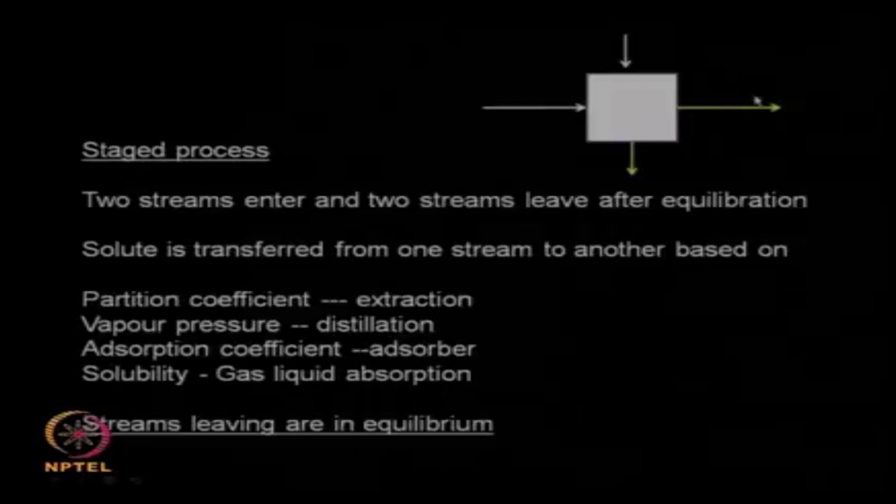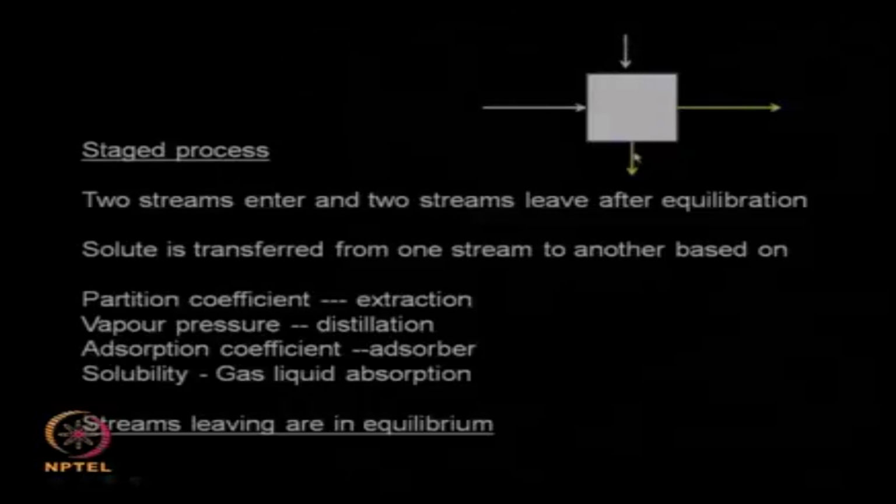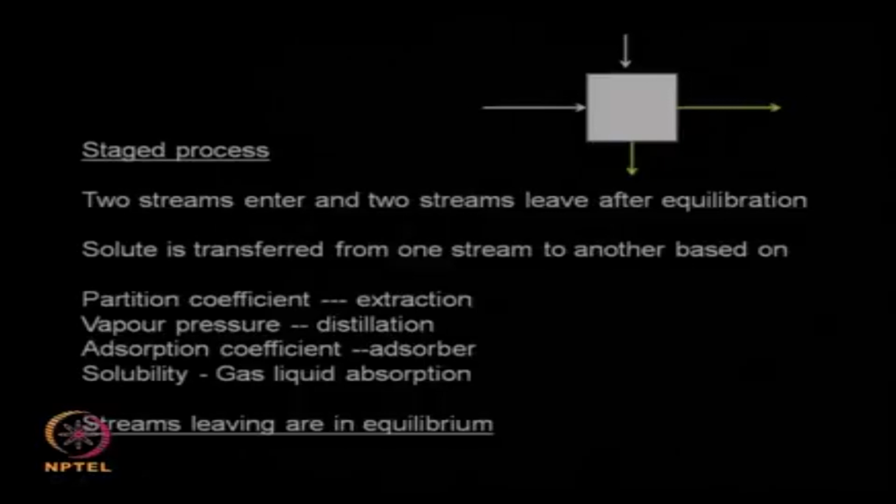One is the feed solution which has now lost some solute because of the adsorption process, and the adsorbent has collected some of the adsorbate. So two streams are entering, two streams are leaving in a stage, right, after equilibrium, and this particular stream and this particular stream that are leaving are considered to be in equilibrium, and this is called a stage process.